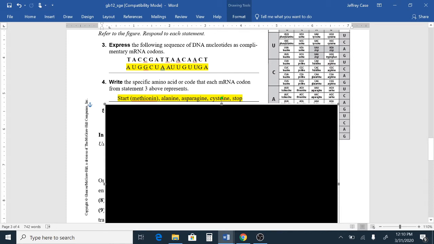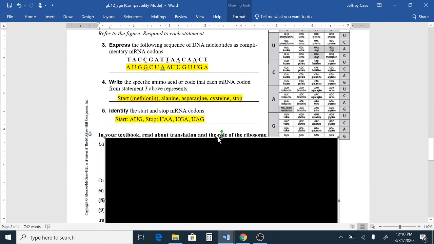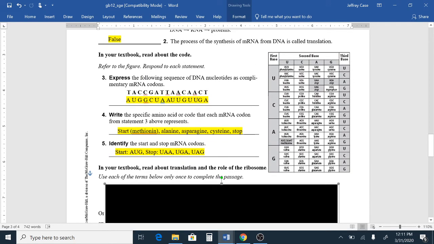So we break this down into codons, every 3, and we look each one up. AUG is the start codon, or methionine. The next one, GCU, is alanine.